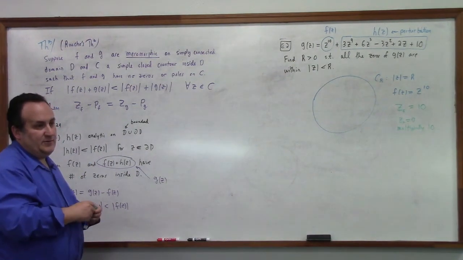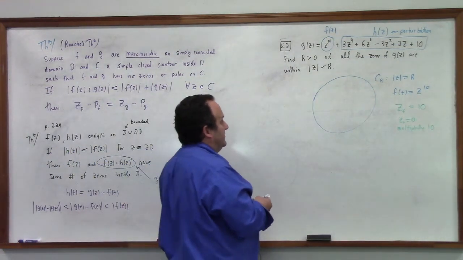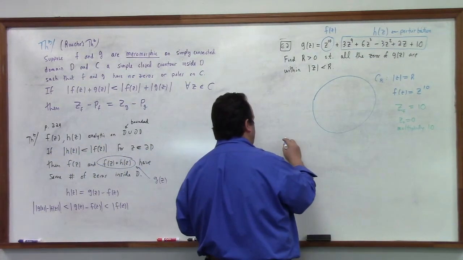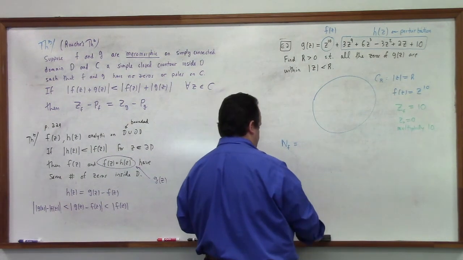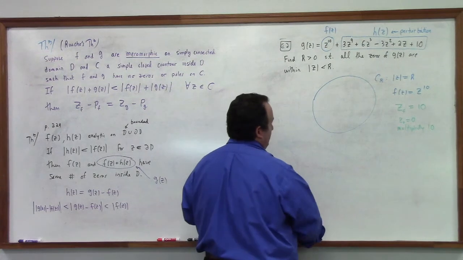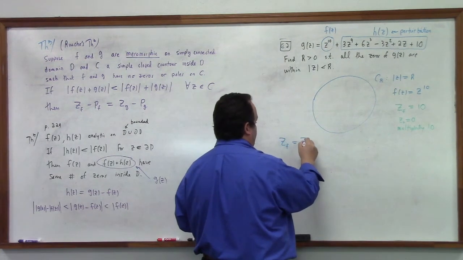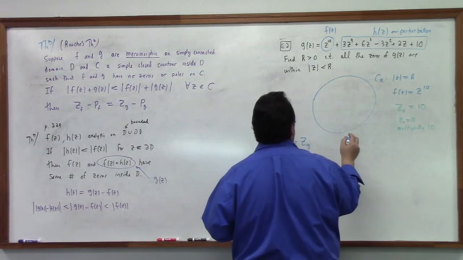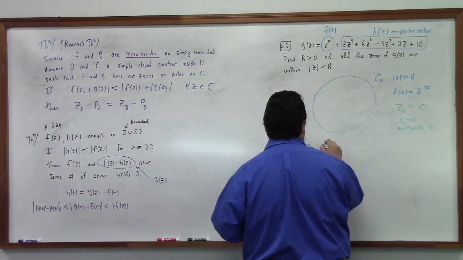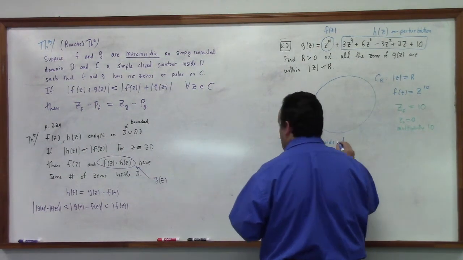So what do we need to apply Rouché's theorem? We would like to say that the number of zeros for f is equal to the number of zeros for g, right? If what? If we have what?